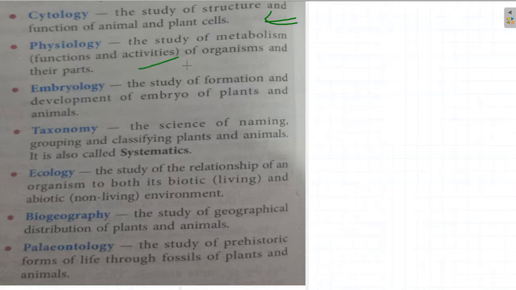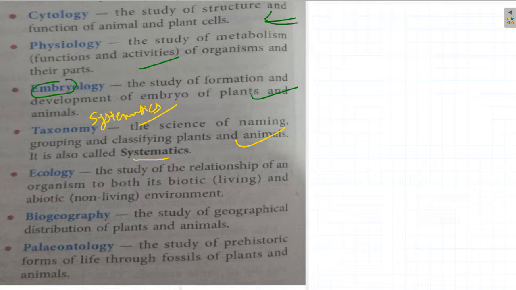Next is embryology, embryo plus logos, study of formation and development of embryo of plants and animals. Next is taxonomy, science of naming and classifying plants and animals. It is also called systematics. Taxonomy is also systematics.